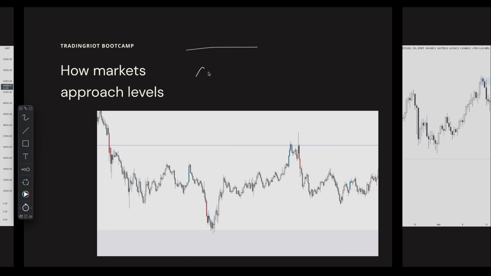Oh, this is disappearing again, sorry. We have this, and the market will just move sharply to the level. Compared to that, you have this sort of slow grind towards the level. So which one do you think is better? It's going to be this one.